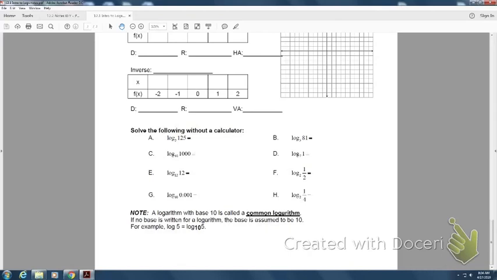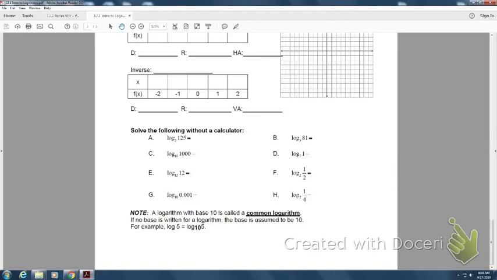Now, if you remember, in the exponential unit, we had a Pert, right? So we had that e, correct? Whenever you have that base of e, because we had e to the power of something, that's when you'll use natural log.